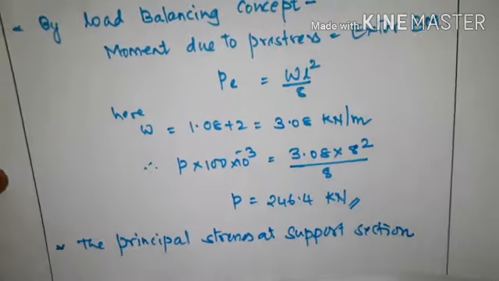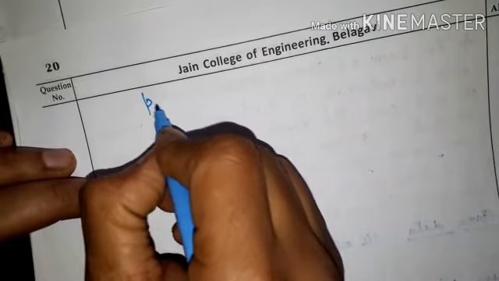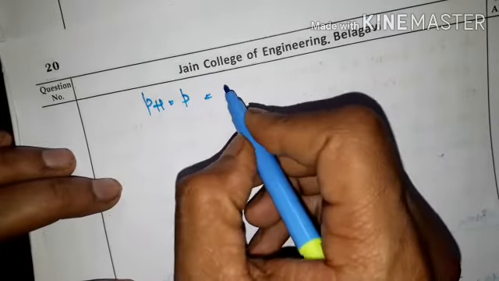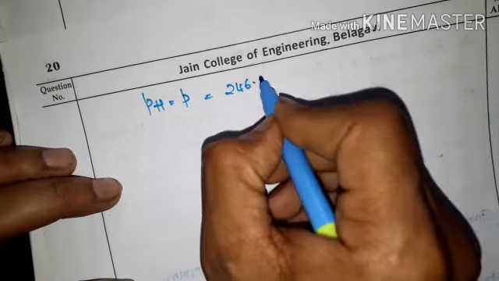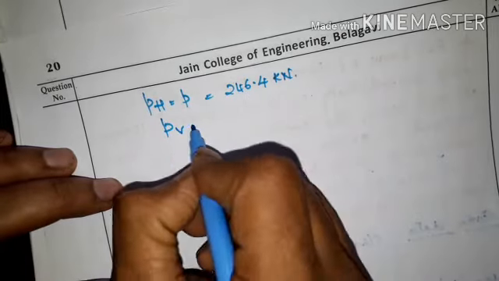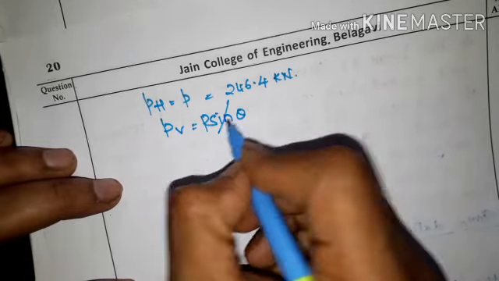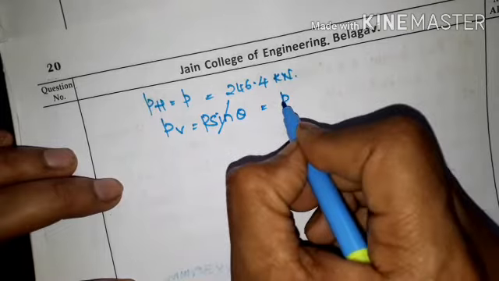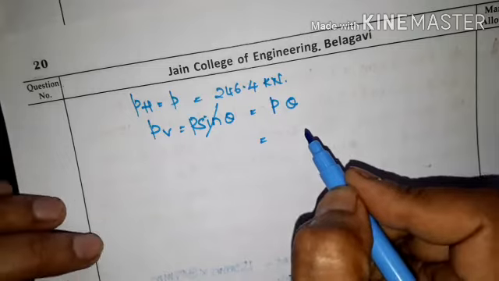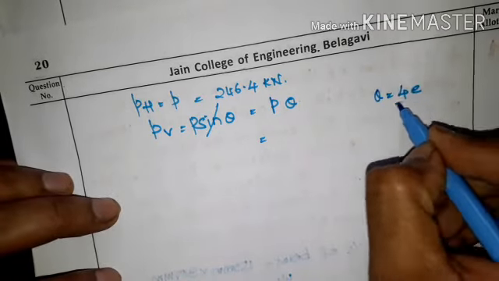We know that PH is equal to P, so that is 246.4 kilonewton, and PV is equal to P sin theta. Since we are neglecting sin, it is P theta, where theta is equal to 4e by L.